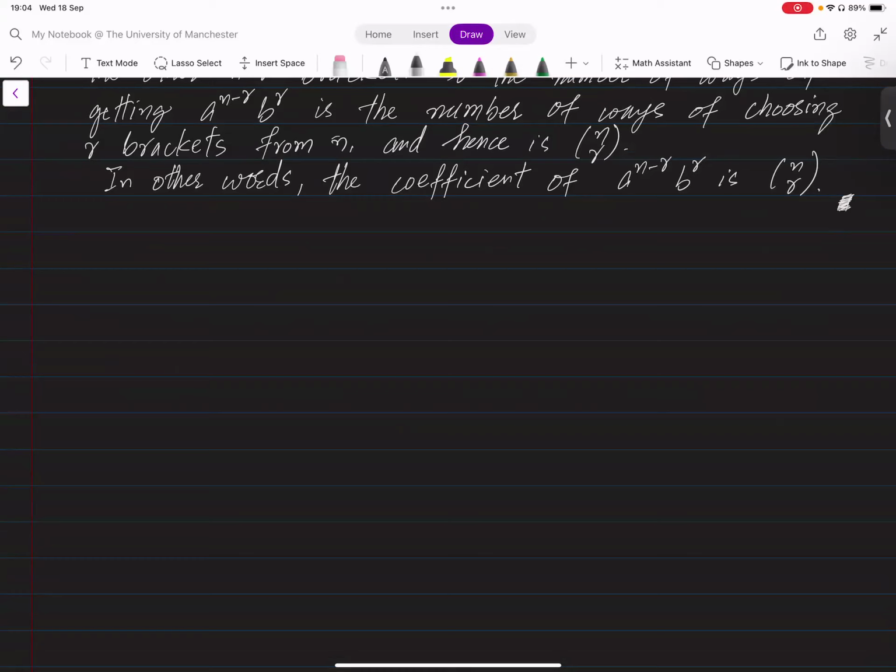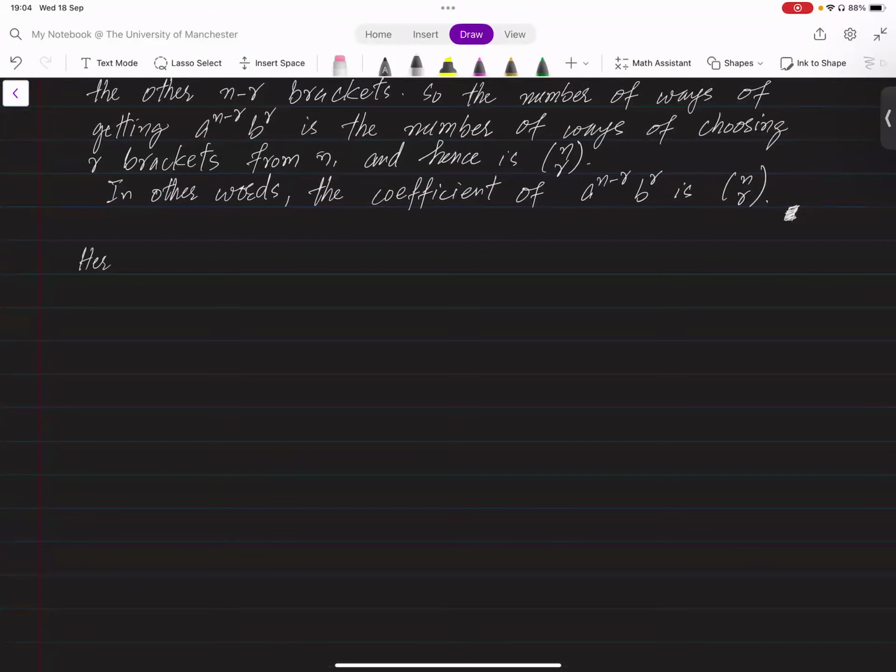Let's do something tricky and interesting. Let's write a few cases of the binomial theorem and observe them.